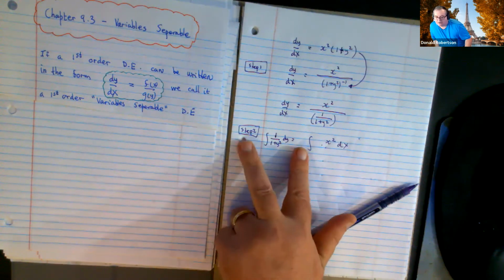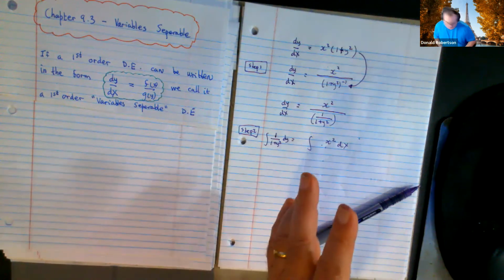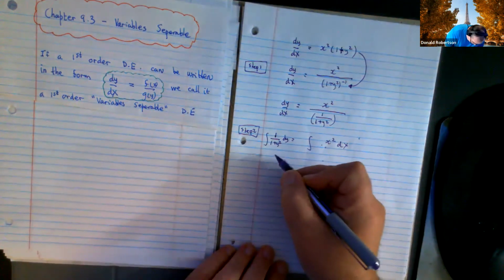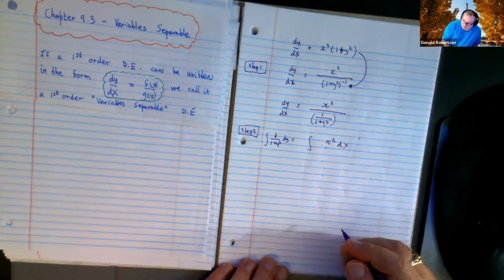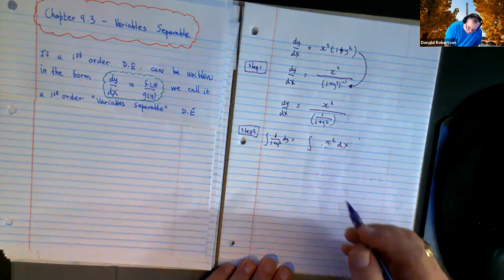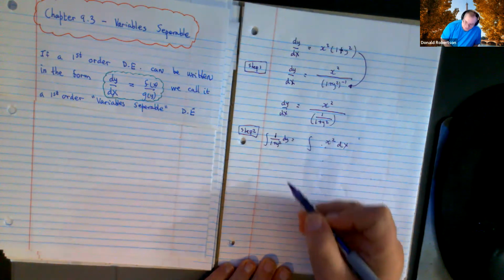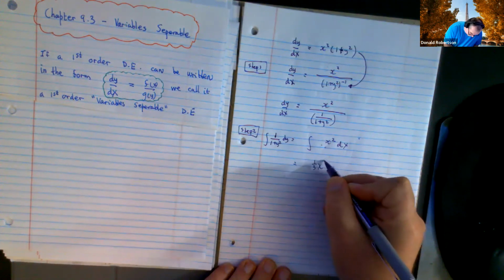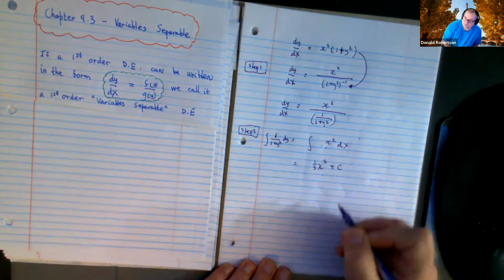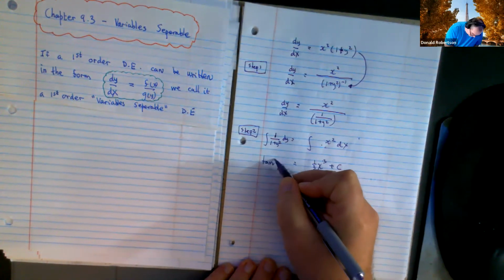And basically, you do the crossover and then you stick integrals on. Now, do you recognize 1 over 1 plus y squared? Because someone did mention it a few minutes ago. What's the integral of 1 over 1 plus y squared? Inverse tan. Yes. In this case, inverse tan of y.